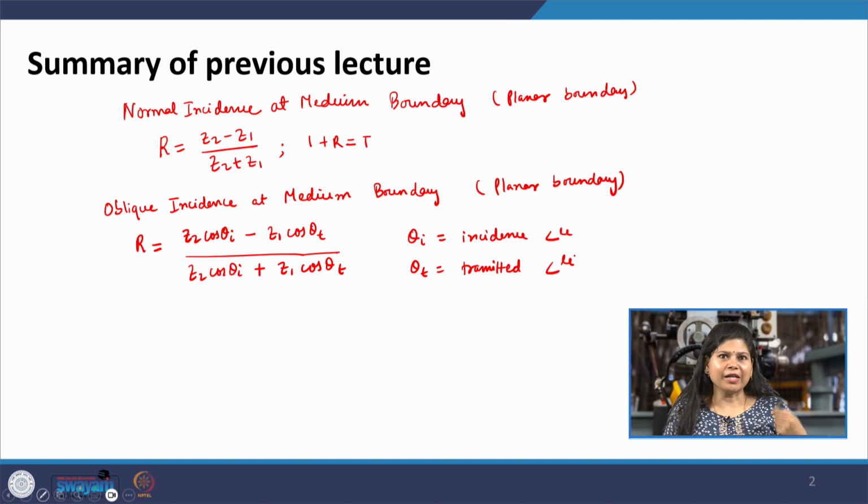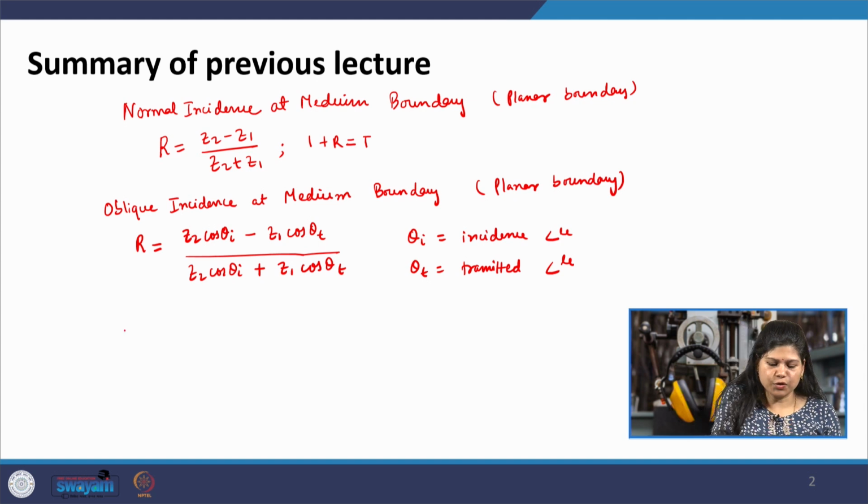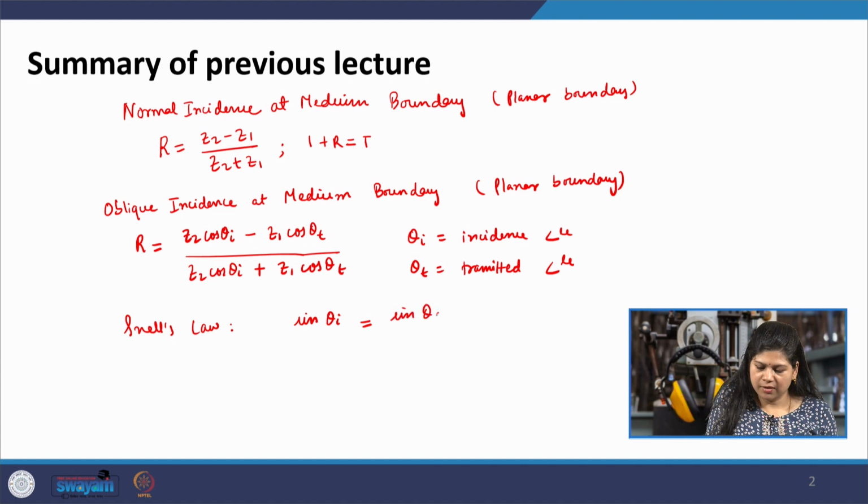Then we dealt with some special cases for both types of incidence. We also found the Snell's law for wave refraction for oblique incidence, where theta I and theta t are related by the ratio of the speeds of sound in the two media.